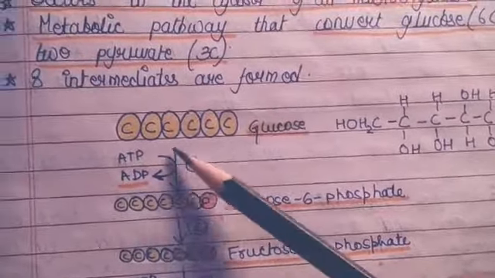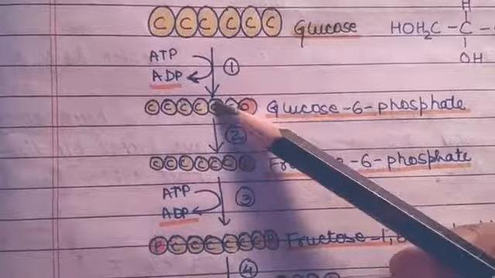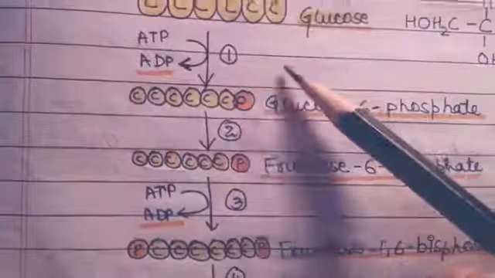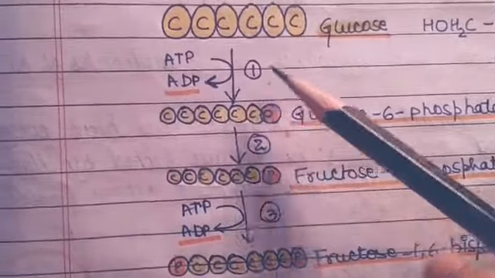In the first step, what occurs? The glucose, which is of 6 carbon, is converted into glucose 6-phosphate with the help of an enzyme, that is kinase enzyme.